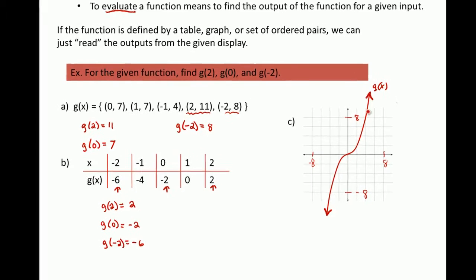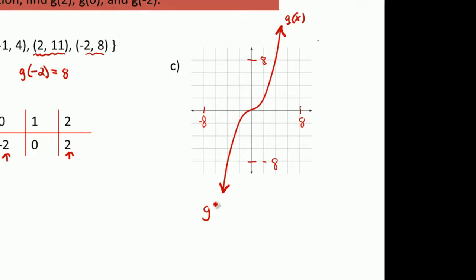So let's look to evaluate g of 2, g of 0, and g of negative 2. If x is 2, what's the y value? Watch the scale here. In this graph, each tick mark represents 2 units.